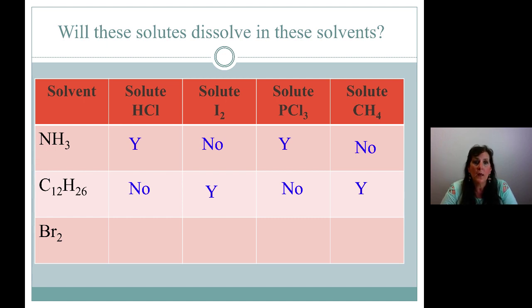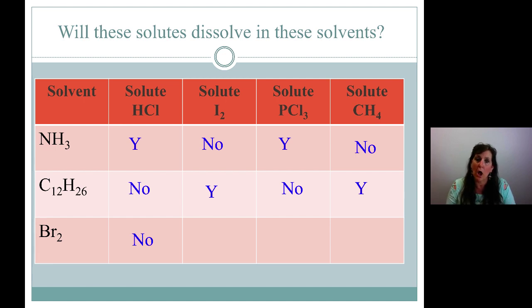Anyway, will bromine, which is Br bonded to itself, be a solvent that is polar or nonpolar if it's bonded to itself? Bonded to itself is nonpolar. So it's nonpolar. Will HCl mix with nonpolar bromine? No. Will iodine mix with bromine?